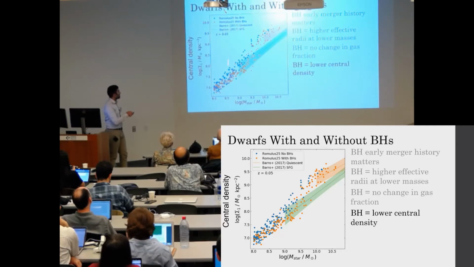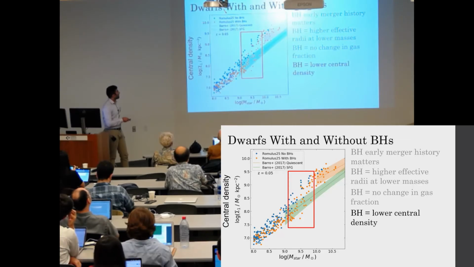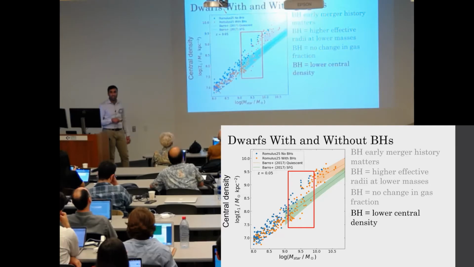We reproduce the observed relations, but what was really interesting is that having a black hole tends to lower your central density. And this relationship still applies in this mass range that I highlighted earlier.